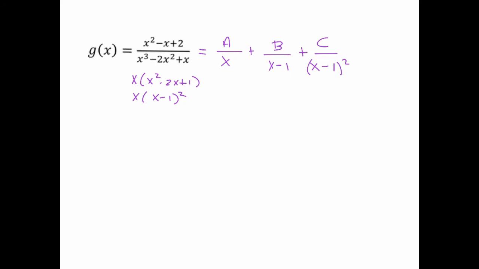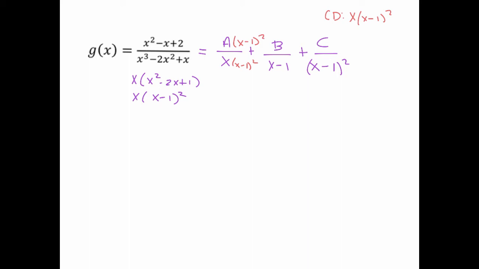Okay, so now we solve. I would identify what the common denominator is, and it looks like the common denominator is clearly an x and an x minus 1 squared. So what is this first term lacking that the common denominator has? It needs an x minus 1 squared, so I multiply the top and the bottom by that.